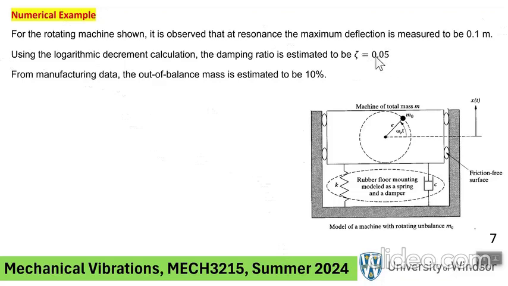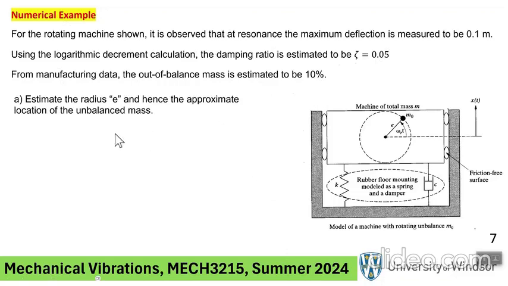Okay, and we know that the out of balance mass is 10% of the whole mass, and all that means is that little m naught is equal to 10% of m. Just remember, little m naught is 0.1 times m. That's what this line says.